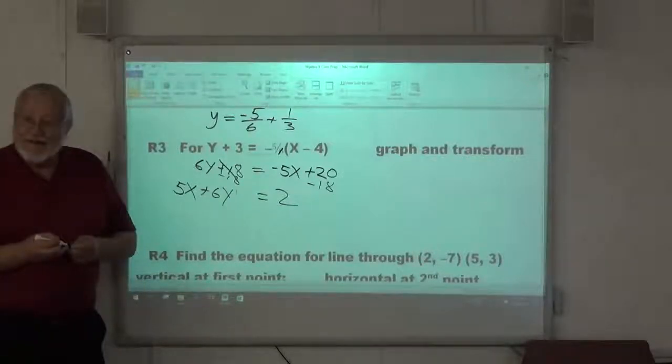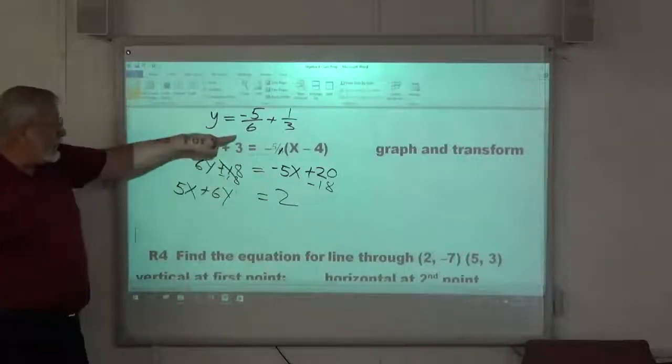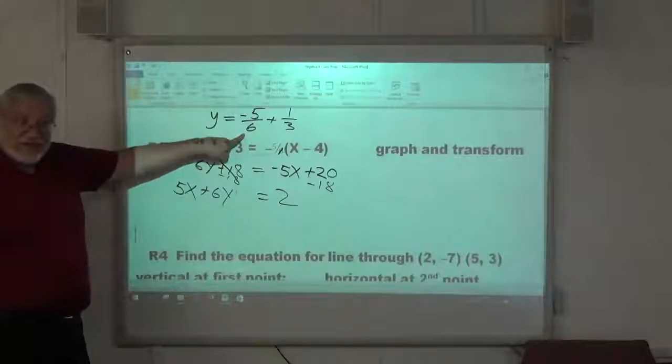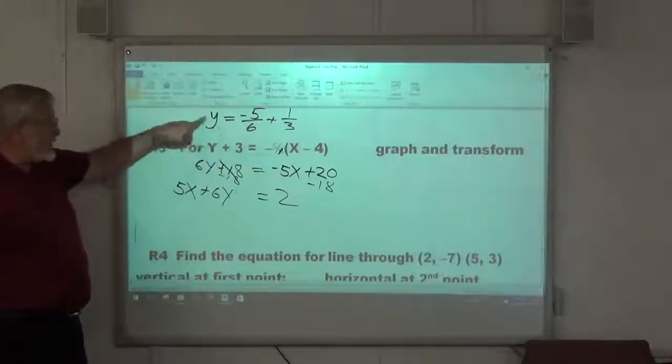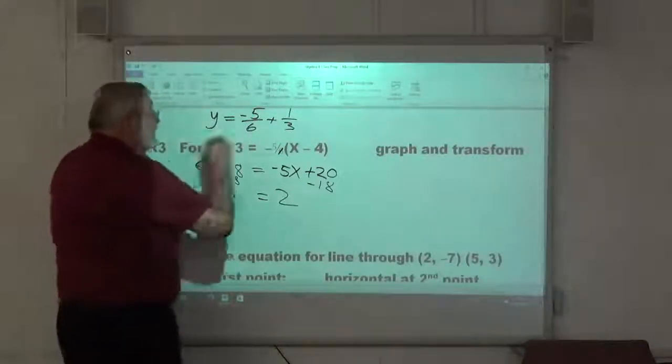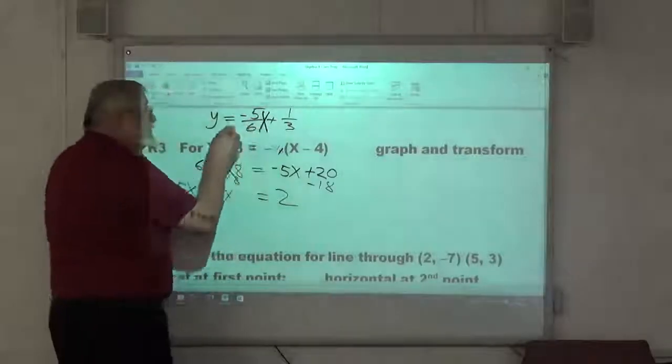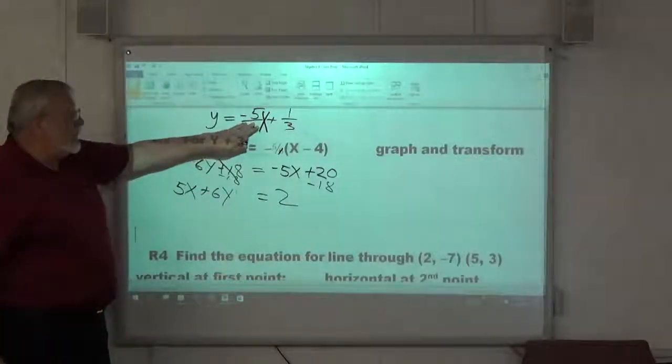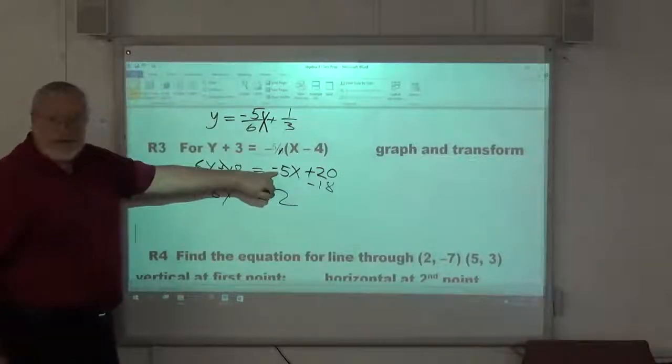Now, what happens if I clear the fractions? What's 6 times this? 6y. Boom. What's 6 times this? There's an x here, sorry. If I remove it by canceling, I have -5x, which is this.